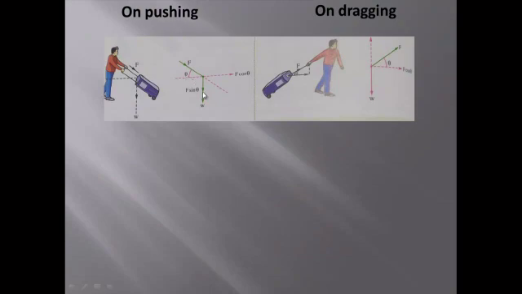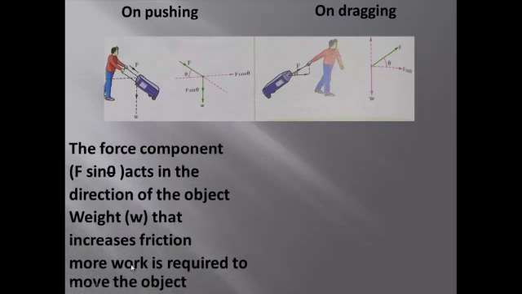Number one, if you push this bag, its weight is affected towards the down and your force is inclined by angle theta. If you make resolution of force into F cosine theta and F sine theta, here F sine theta will be down in the same direction as weight. So the same direction as weight will increase friction, so you need more work.